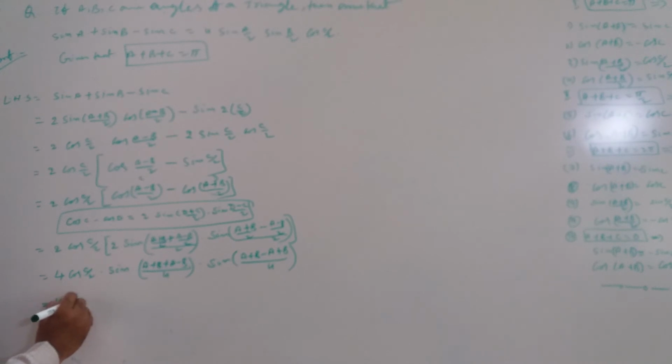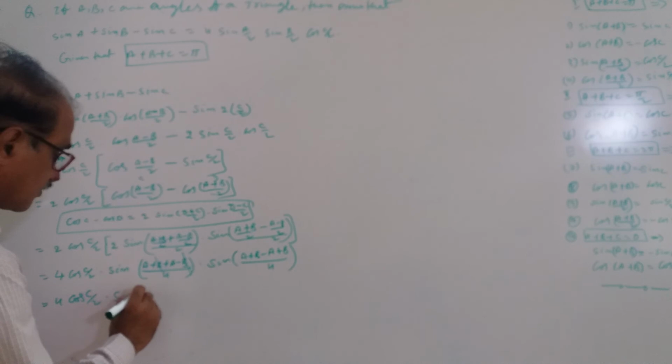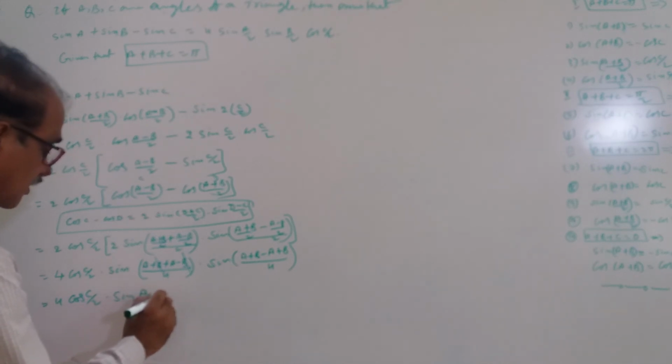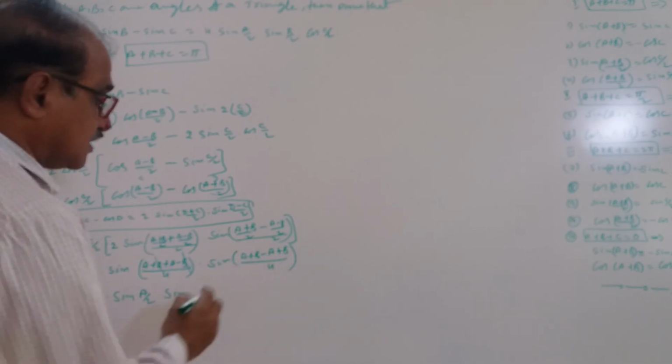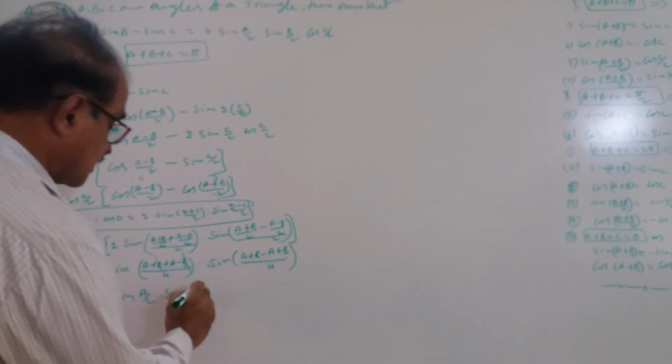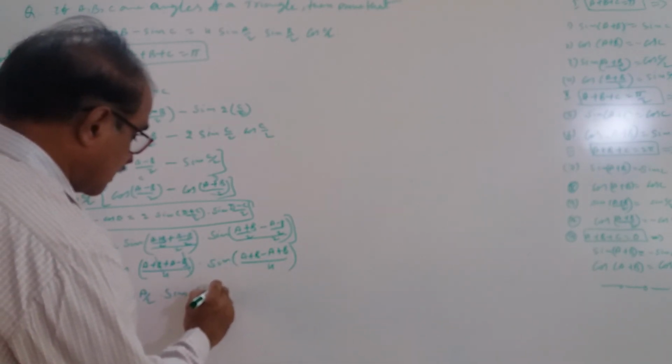That is equal to 4 cos C by 2 into sin of, B gets cancelled, A plus A is 2A by 4, that means A by 2, into, similarly here, A gets cancelled, B plus B is 2B by 4, is B by 2, sin B.